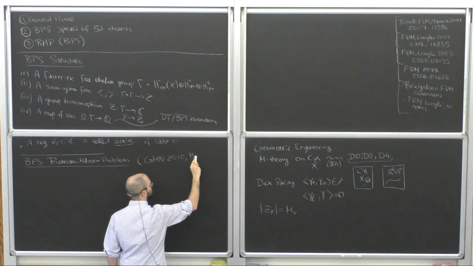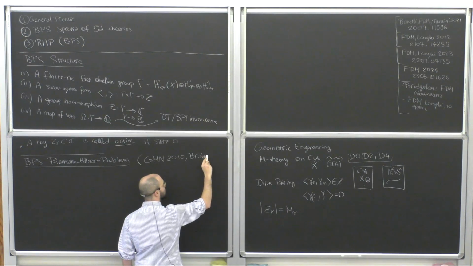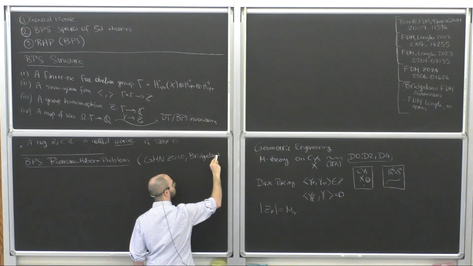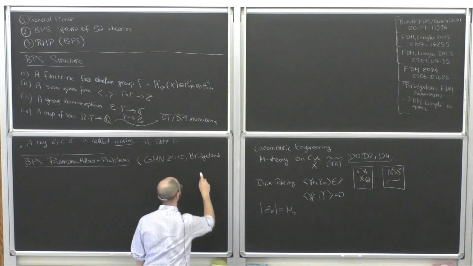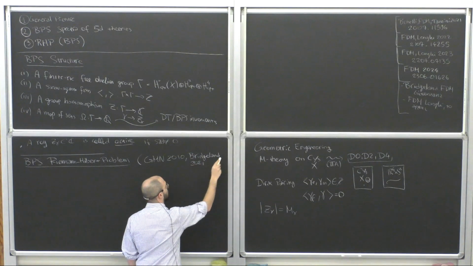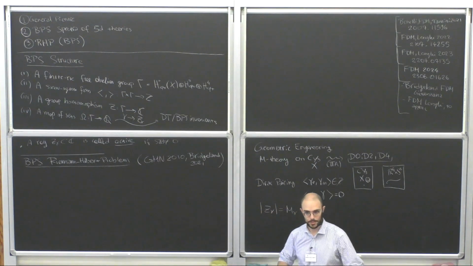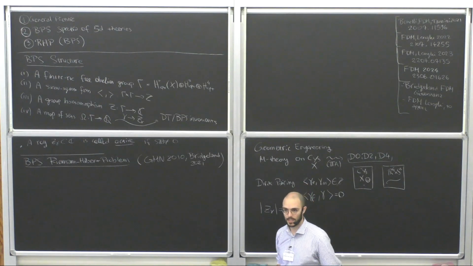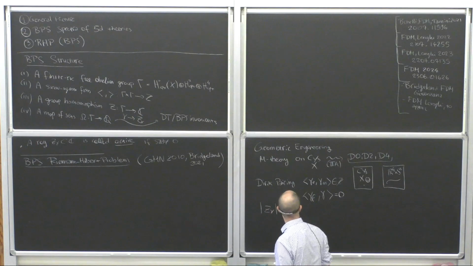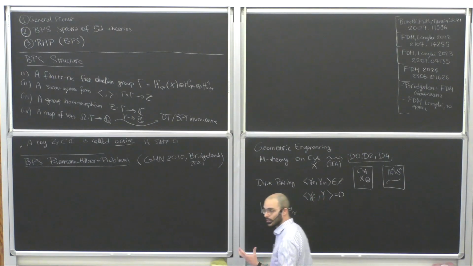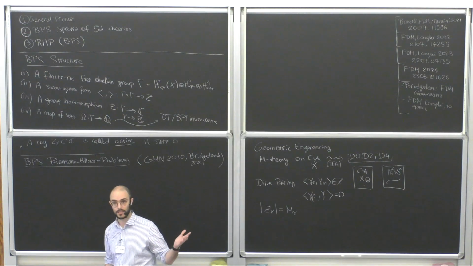But today I will discuss a formulation due to Bridgeland from 2021, a bit of a simplified version of that, which will be sufficient for the things that I'm going to discuss today. This BPS Riemann-Hilbert problem is about finding these very important functions x gamma that Lotte talked about last week.